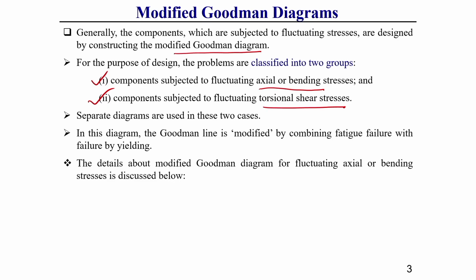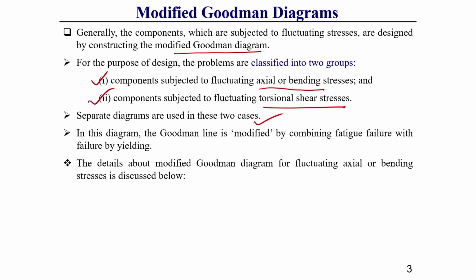Separate diagrams are used in these two cases, as I have already written. In this diagram, the Goodman line is modified by combining the fatigue failure with failure by yielding. The Goodman diagram, which I have already discussed in detail in the previous lecture, is here modified with the help of a yield line.